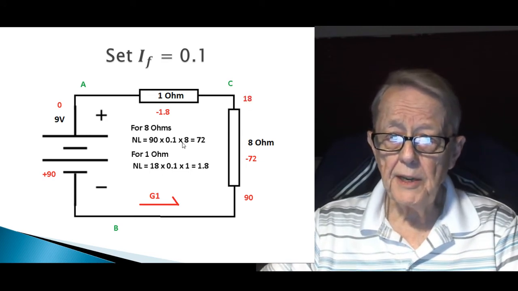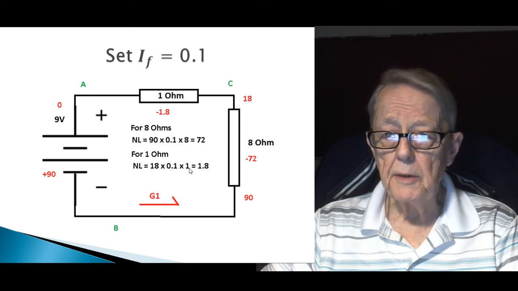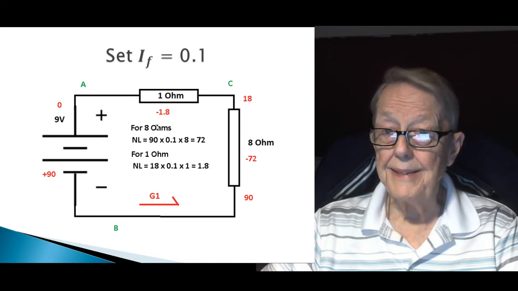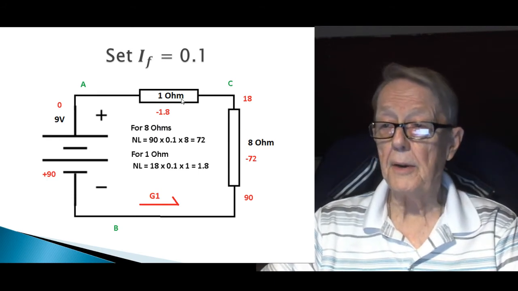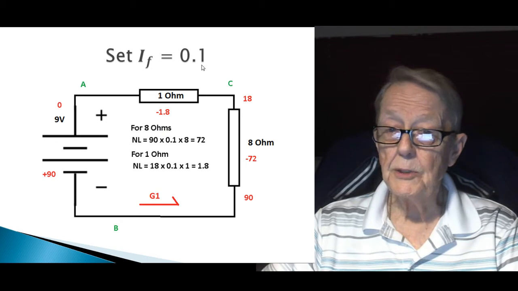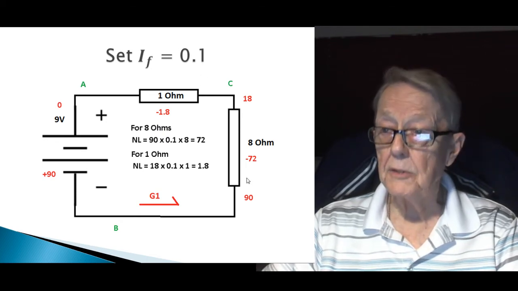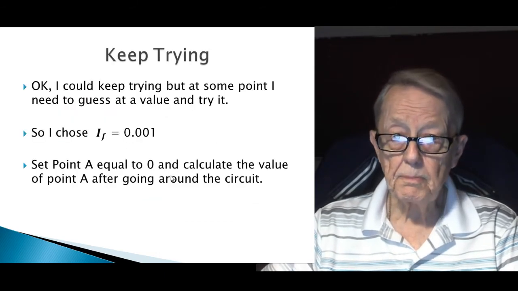But when I put 18 into a 1 ohm resistor, 18 times 0.1 times the 1 ohm, I'm only losing 1.8 G1s. I need to lose 80 here, and I need to lose 10 here, and I'm not there. 0.1 isn't small enough. I need a smaller number or something else to happen to make this circuit work.